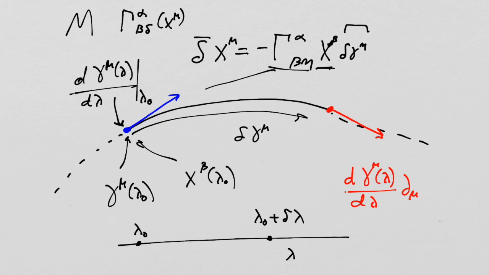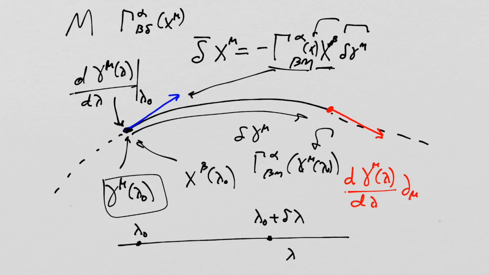This is the connection at that point, so that's actually gamma alpha beta eta at gamma mu of lambda 0. Because remember, this is a function of space-time, so I need 4 coordinates in there. Well, the coordinates of that point are this, so I put that in as the argument, and then out comes the connection at that point. So presumably I know that. Everything on this side is knowable as long as I know the vector field.